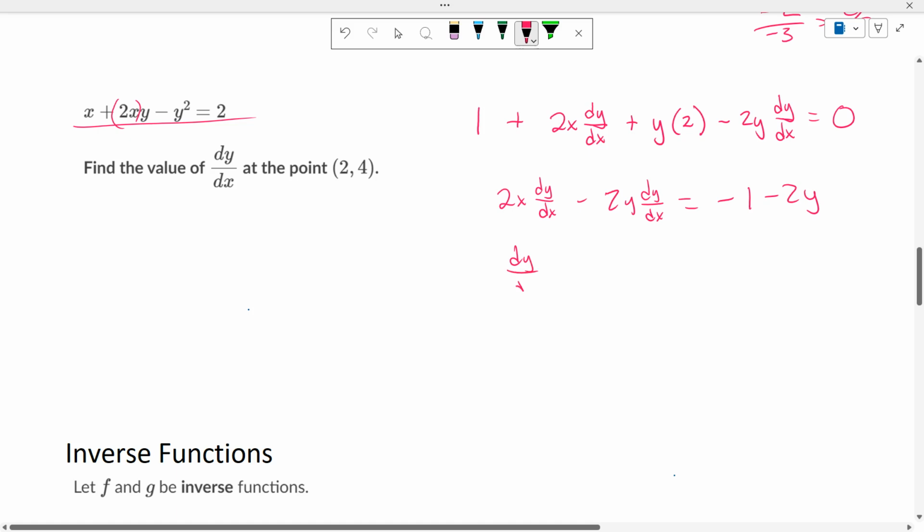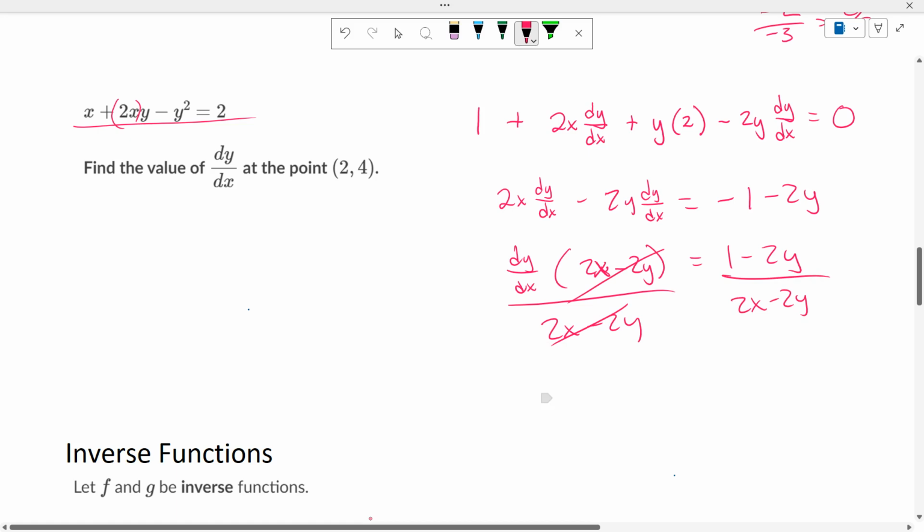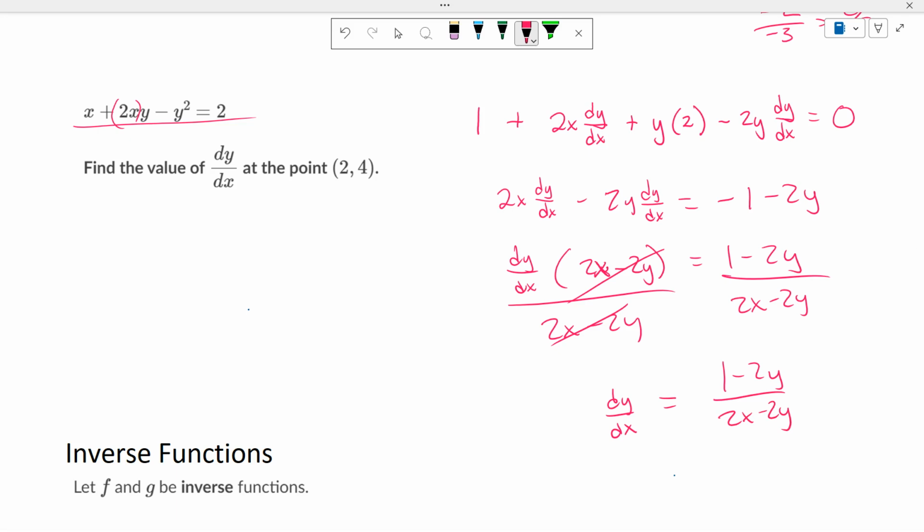So if we get these in their own quantity, dy/dx equals negative 1 minus 2y over 2x minus 2y. And then you fill in the numbers.